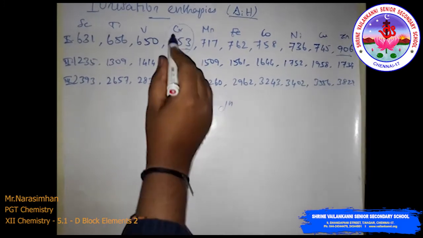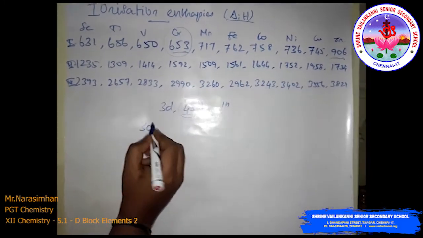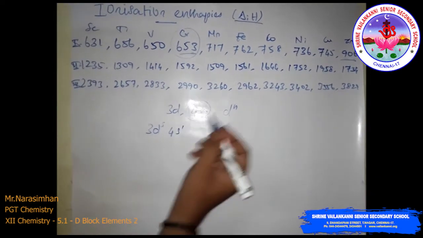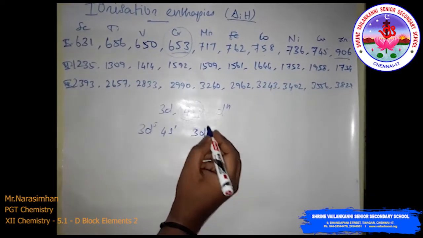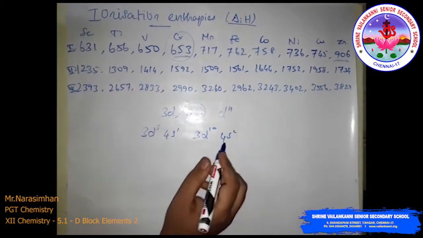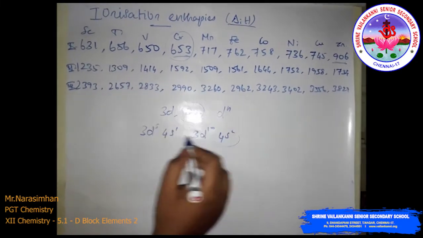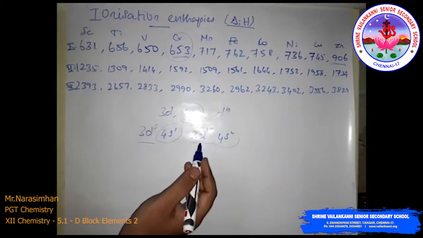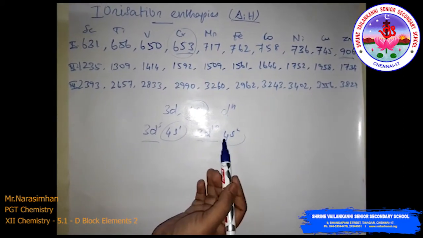The outer electronic configuration of chromium is 3d5 4s1, but in zinc it is 3d10 4s2. So the s orbital ionization increases, as this is half filled and this is a completely filled orbital.